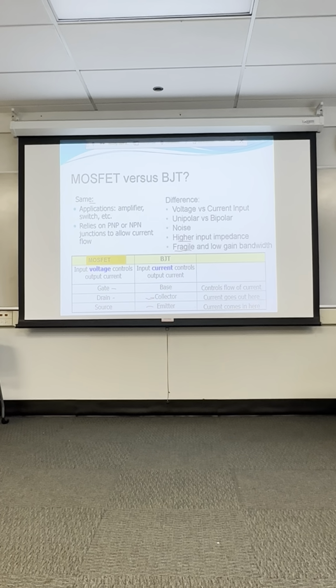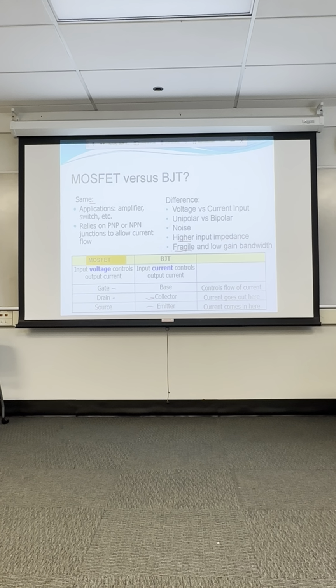So in terms of operation now, this idea that MOSFETs are fragile has to do with these devices being static sensitive, which means they can be damaged by static charge.